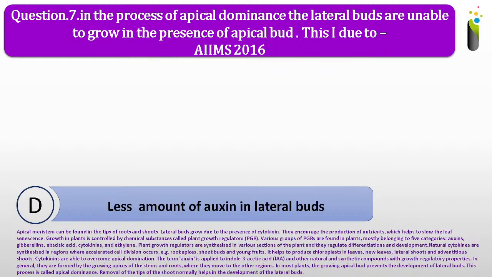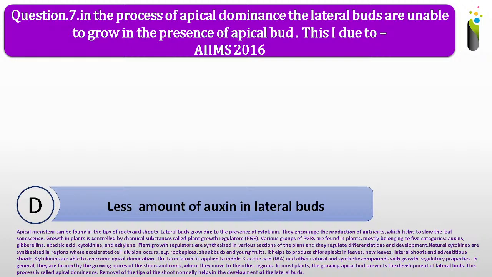So it helps to produce chloroplasts in the leaves. New leaves, lateral shoots and adventitious shoots will be produced, and cytokinins are able to overcome the apical dominance. Okay, so here the answer is less amount of auxin in the lateral buds. I hope you got this.